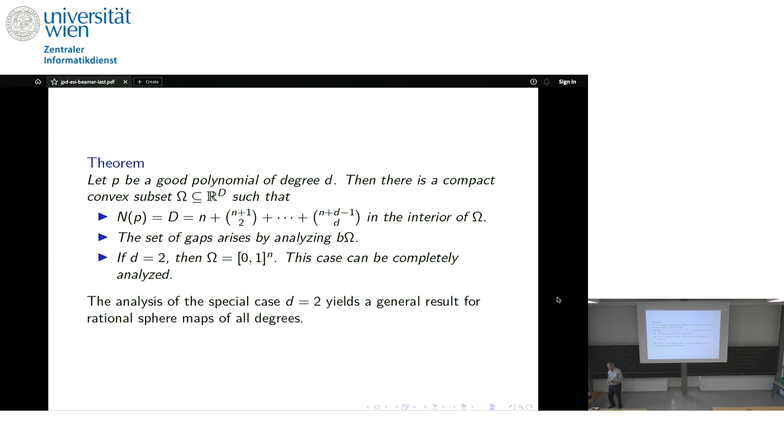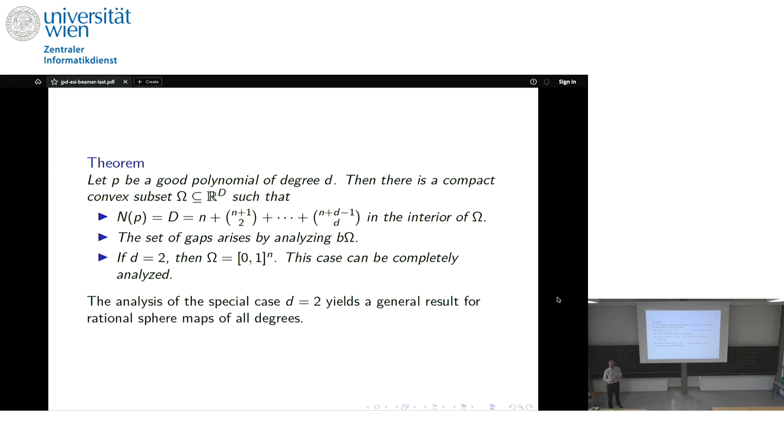However, I decided I was going to do this for the special case of quadratics. It turns out to be possible and gives new information about rational sphere maps in general. In the special case where degree is 2, this compact set is just 0, 1 cross itself n times.